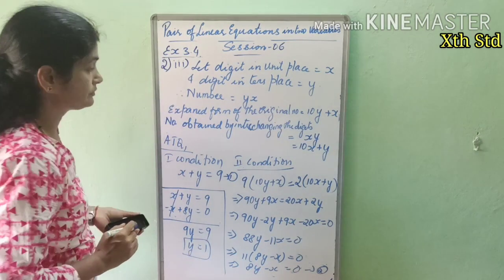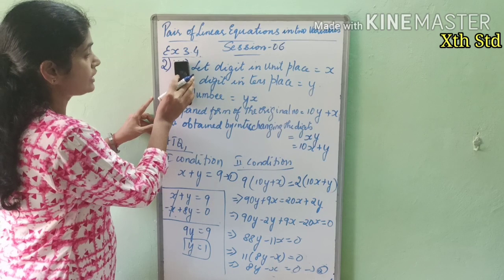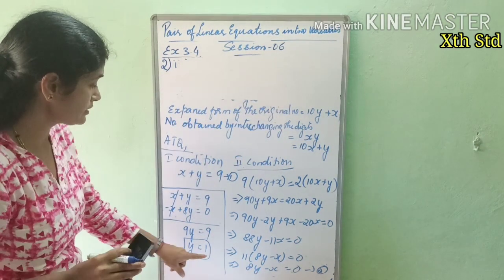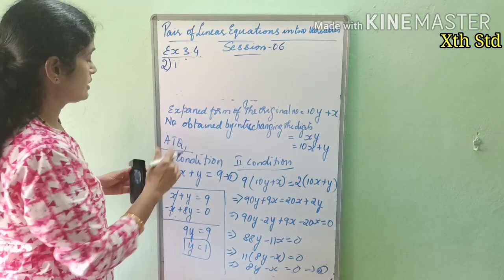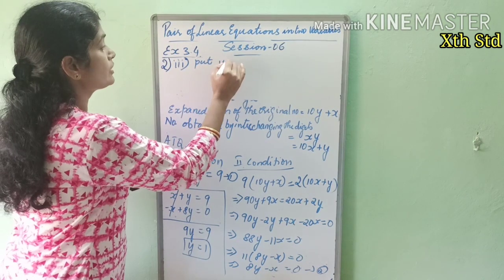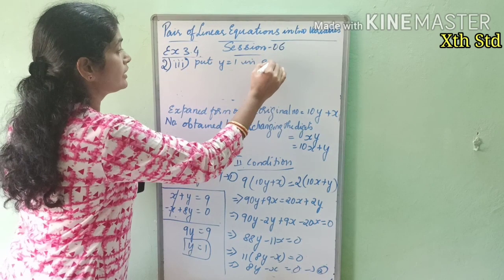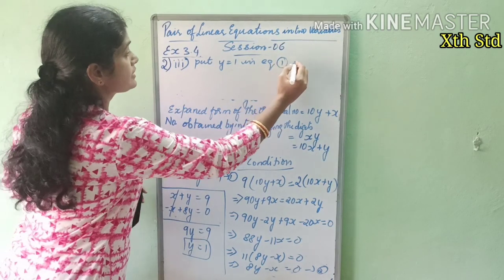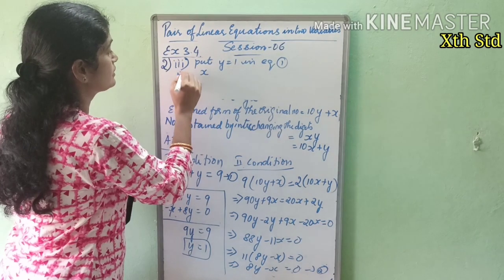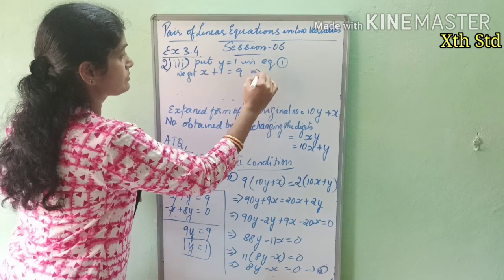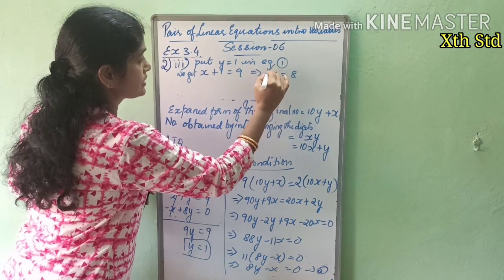Y is 1. Fine. So now we will do it here. Y is 1. Substitute in any of the equations. Put y equal to 1 in equation 1. If you put it in equation 1, then we get x plus 1 is equal to 9, which implies x equal to 8.